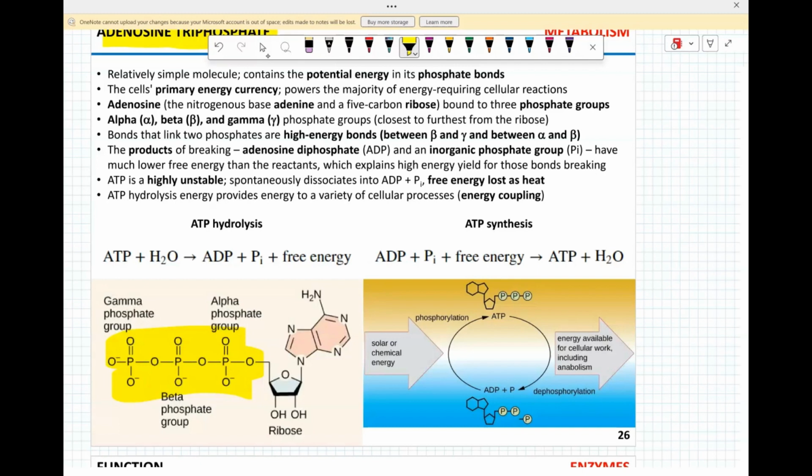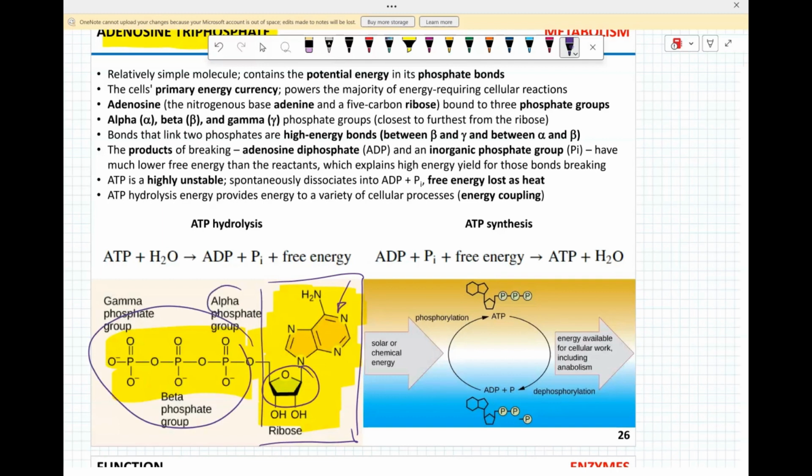The structure of ATP is relatively simple. The nucleoside adenosine on the right, which contains a nitrogenous base adenine and the ribose sugar, is connected to 3 phosphate groups named alpha, beta, and gamma, from closest to furthest from the ribose. Each 2 phosphates are linked by high-energy bonds.